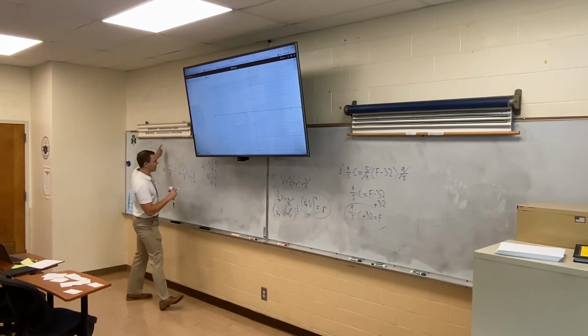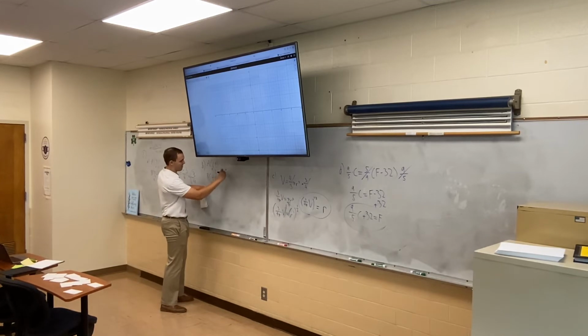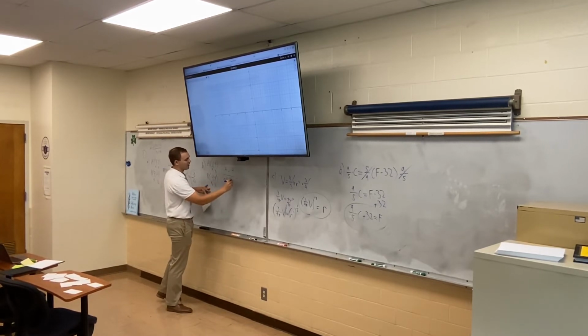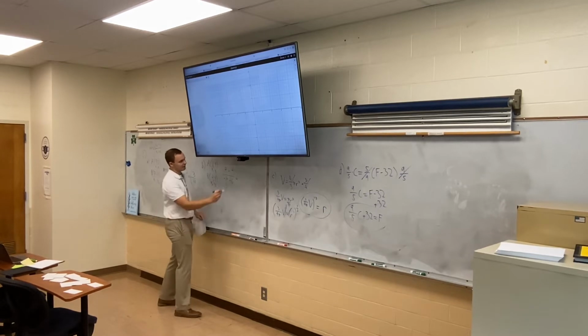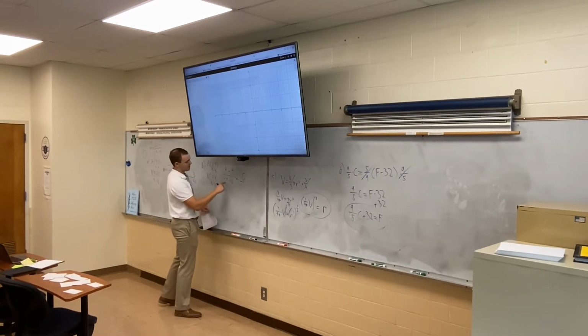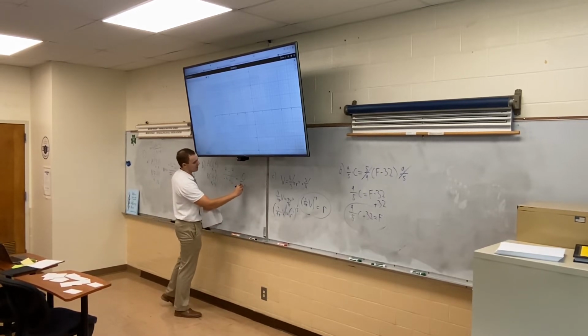Slope formula: y2, so 4 minus y1, which is 4, all over x2, which is -7, minus x1, which is 6. 4 minus 4 is 0, and -7 minus 6 is -13. 0 over -13 equals 0.